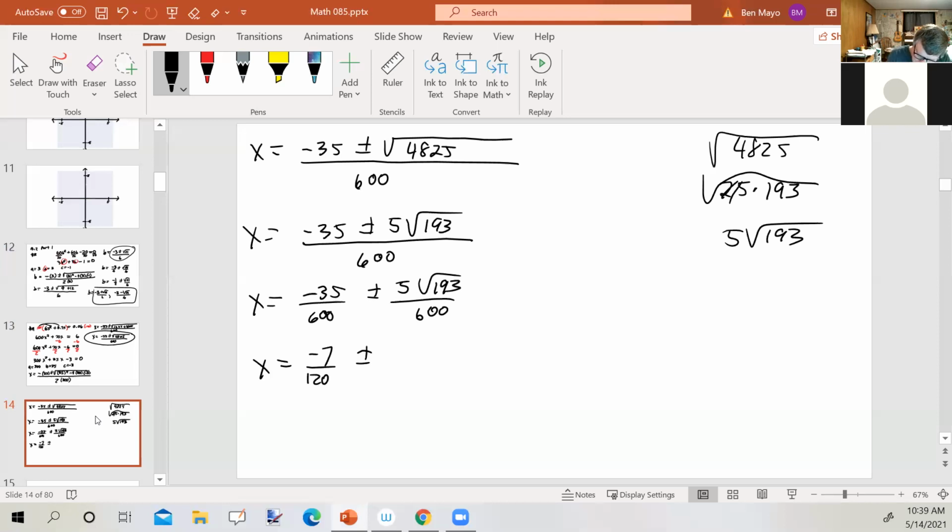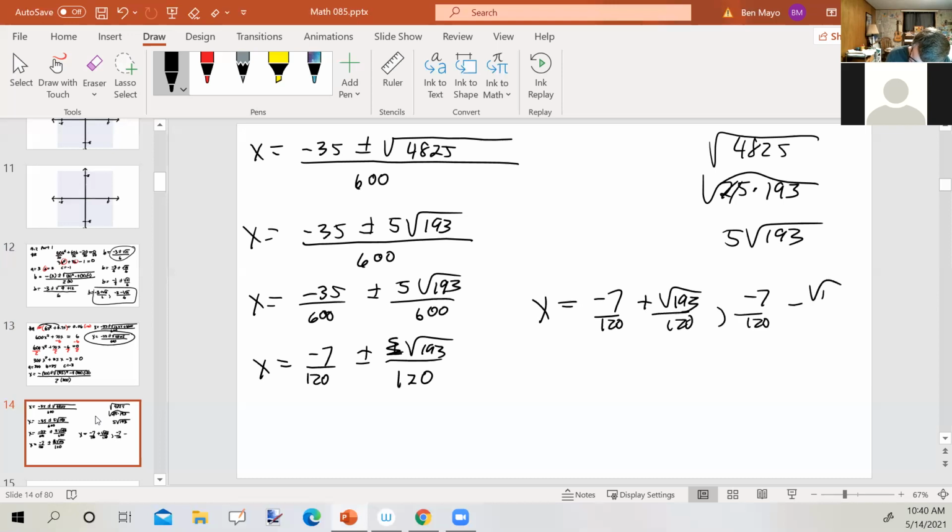Plus or minus, I can take 5 over 600 and reduce it down to 1 over 120. I don't really need that 1 there, it's implied. So my answers are x equals -7 over 120 plus the square root of 193 over 120, comma, -7 over 120 minus the square root of 193 over 120.